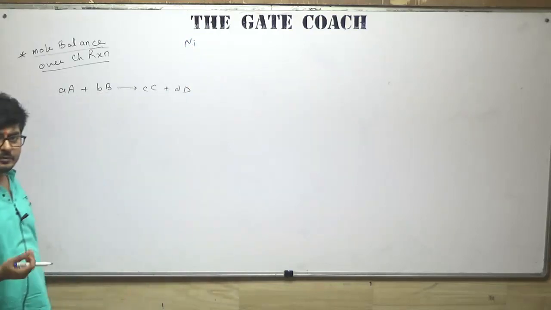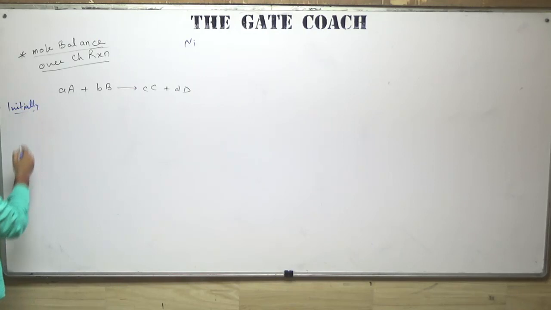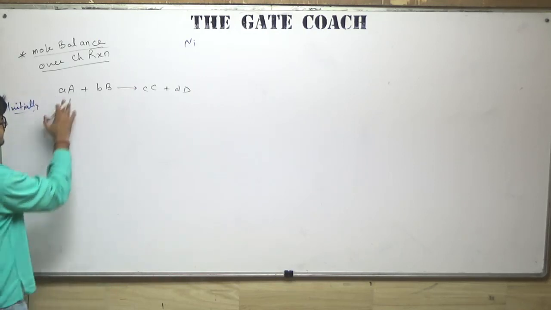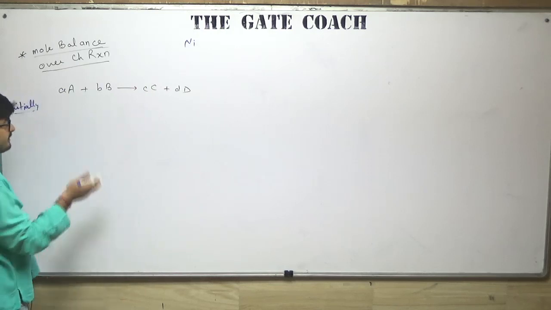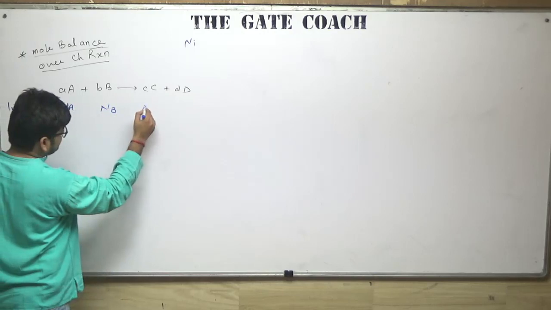Ni means number of moles of i. Okay. So if I talk about these components initially, before the start of the reaction, so I have A, B, C, D. So let's say I have the moles of all these components present in the system.